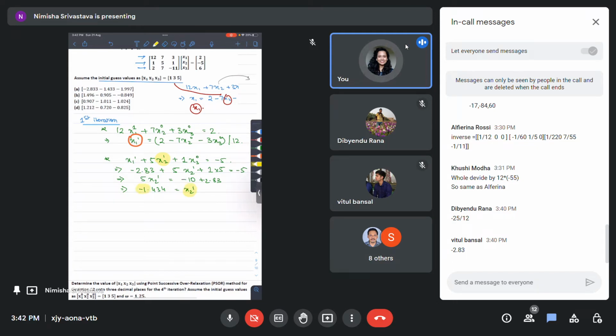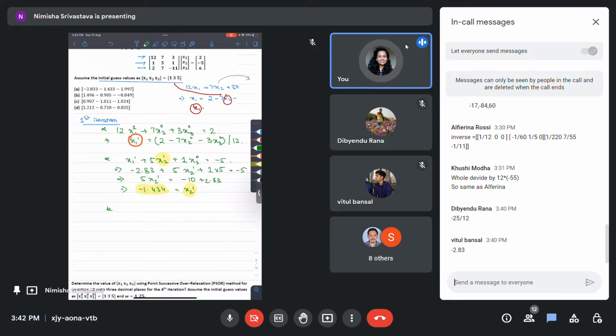Hopefully everything is on the same page. Once we have that, we go for the third one. In this case, when we are looking at x3^(1), we have the values for x2^(1) as well as x1^(1), right?